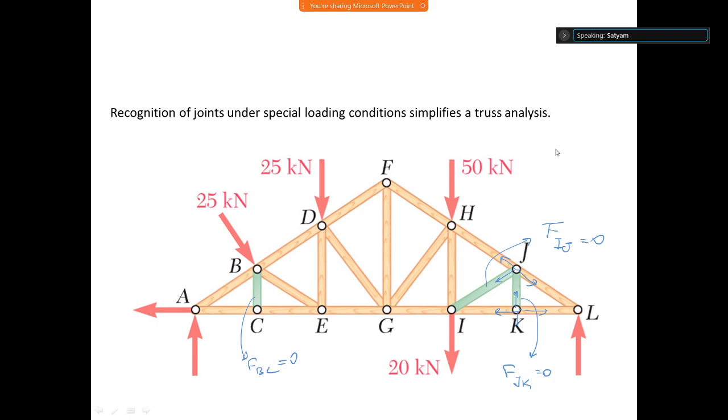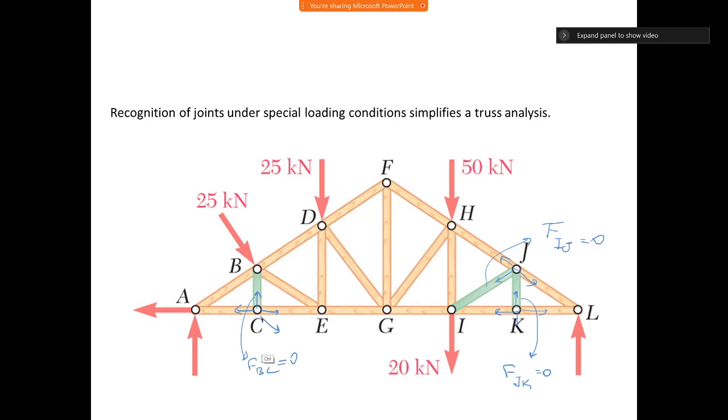So let me complete the lecture. BC, she's saying at point B there is a force of 25 kilonewton. Correct. But I am talking about BC being 0. If you consider node C, at node C this is in a straight line, and this is another straight line, but there is 0 force acting at C downward. If there was a load here, then yes, this would not be equal to 0.